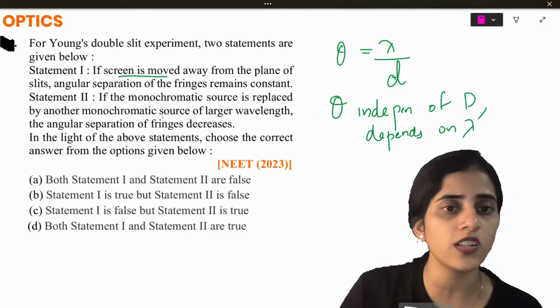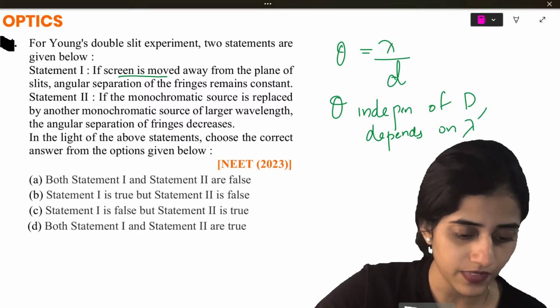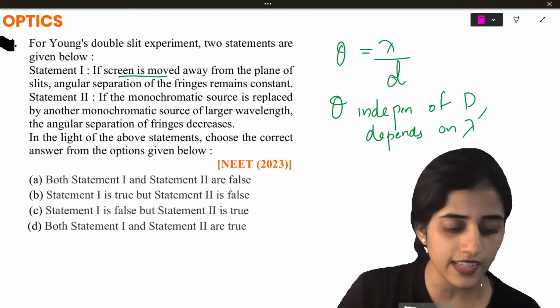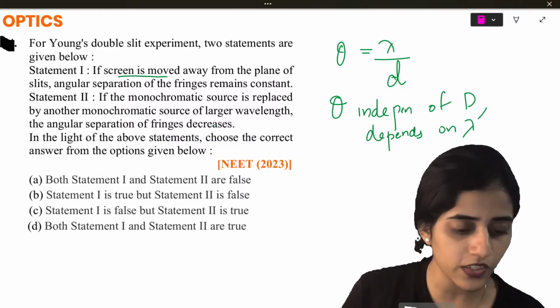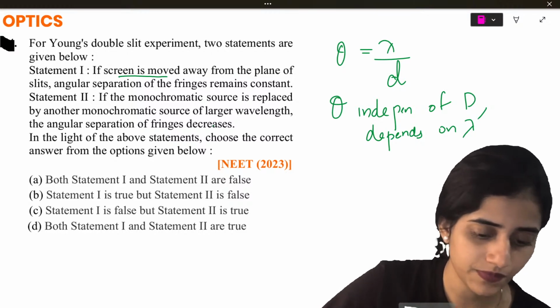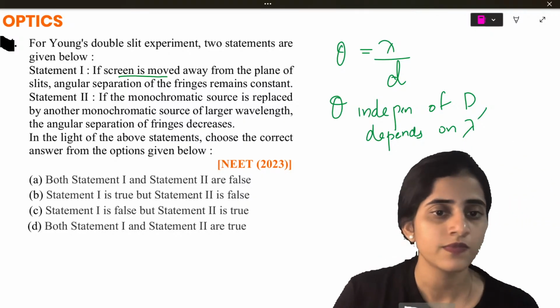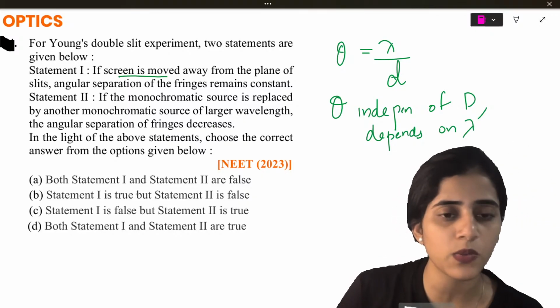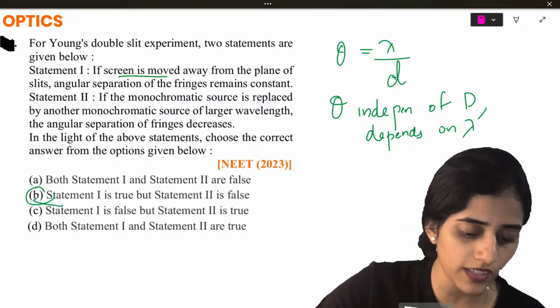Statement 2 is false. The angular separation is not being affected here, right? So lambda will increase when theta increases. So statement 1 is true, statement 2 is false. Okay, which option is that? Statement 1 is true, statement 2 is false. Is it option B? Are you all getting option B?